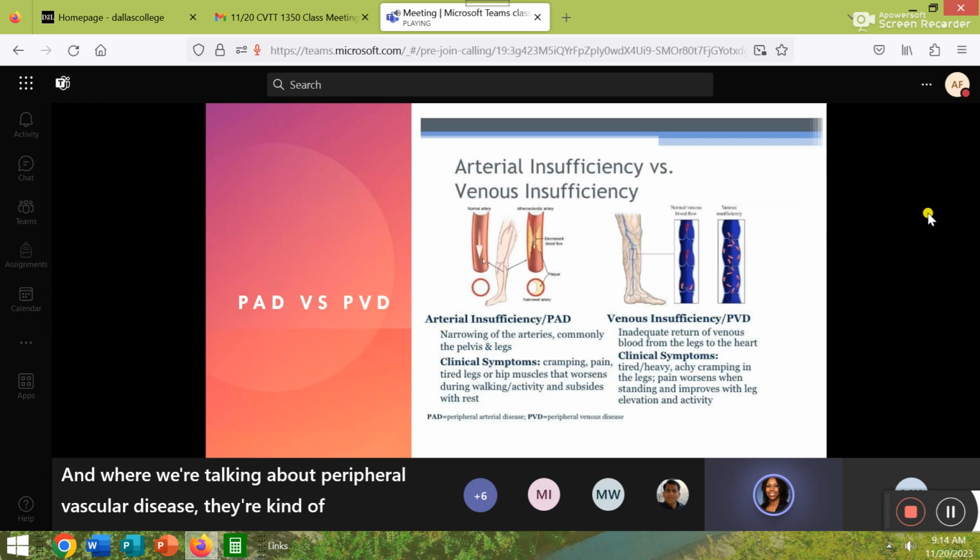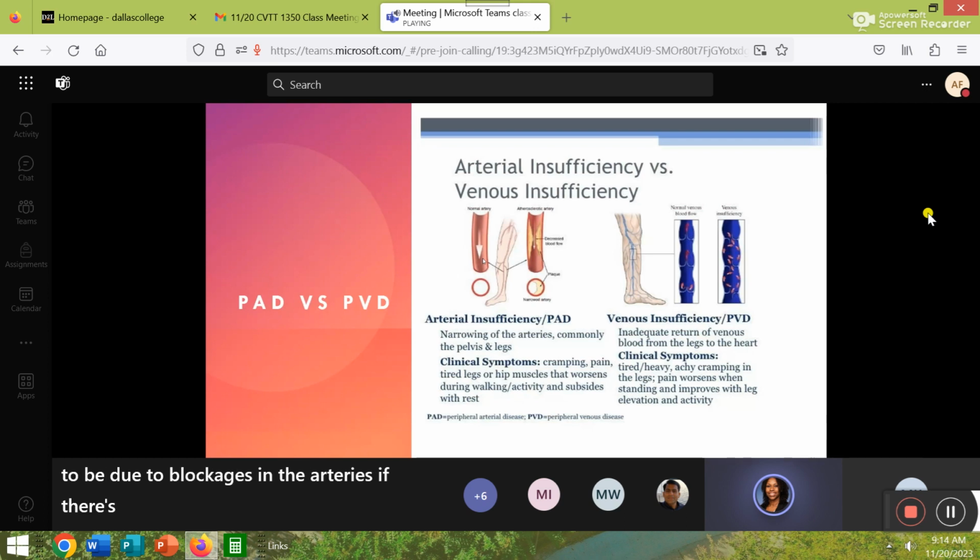But for the sake of this conversation, I want to split them up because they behave differently. Your peripheral arterial disease is going to present and behave differently than your peripheral venous disease because both systems have different purposes. So if a patient were to come in with peripheral artery disease, then we're talking about arterial insufficiency, and this is going to be due to blockages in the arteries.